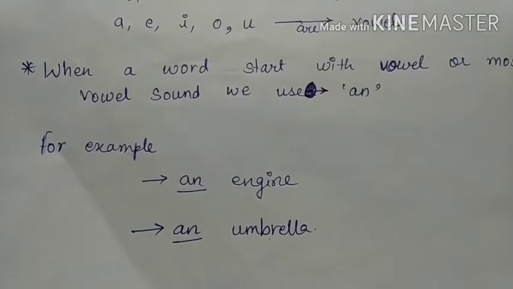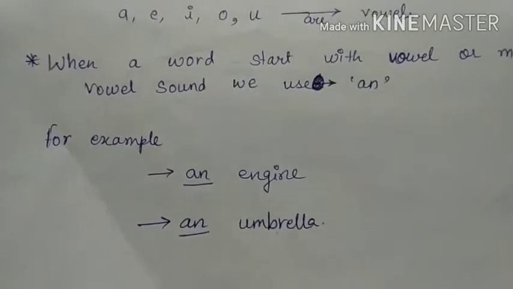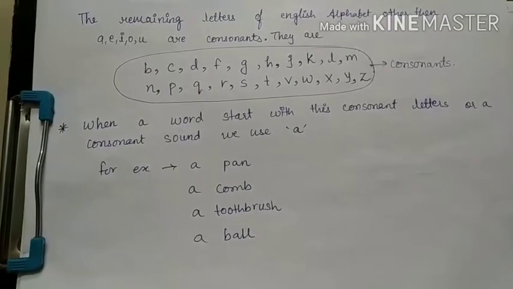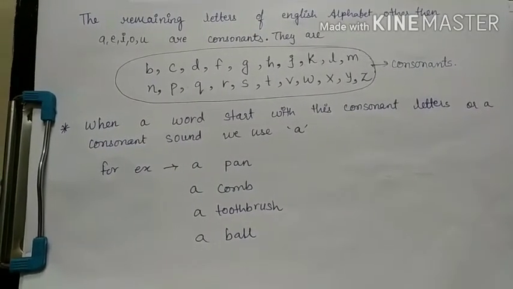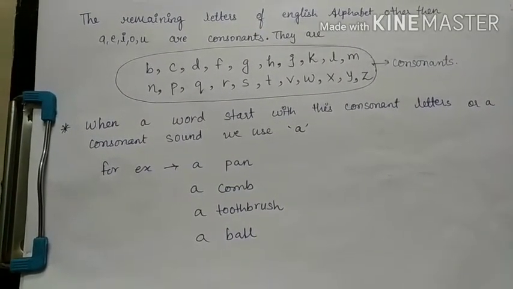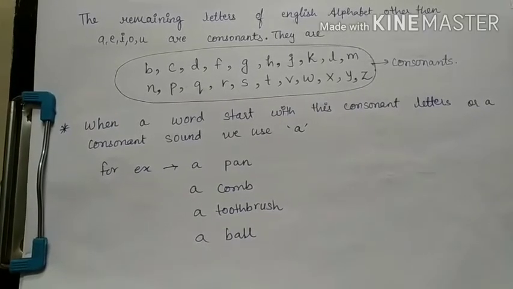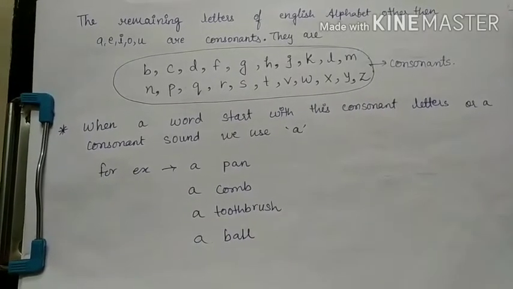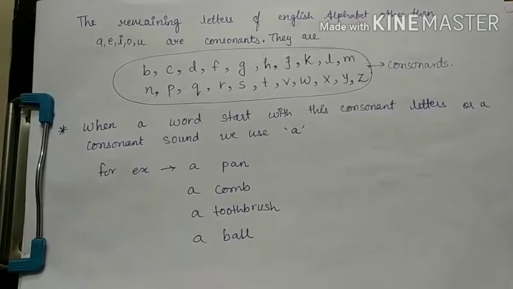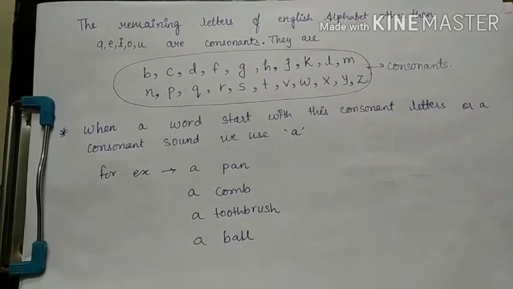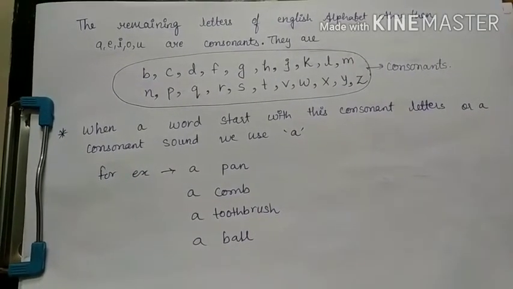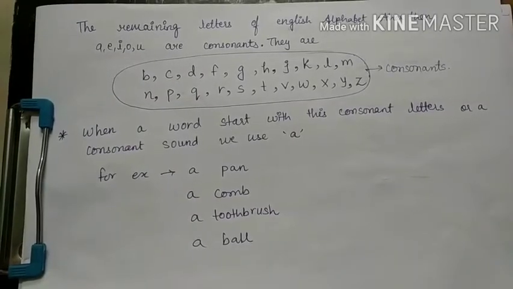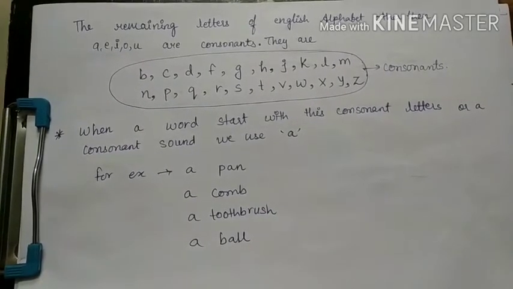Now let us see the use of A. The remaining letters of English alphabets other than A, E, I, O, U are consonants. अब जो remaining letters होते हैं other than A, E, I, O, U are consonants.